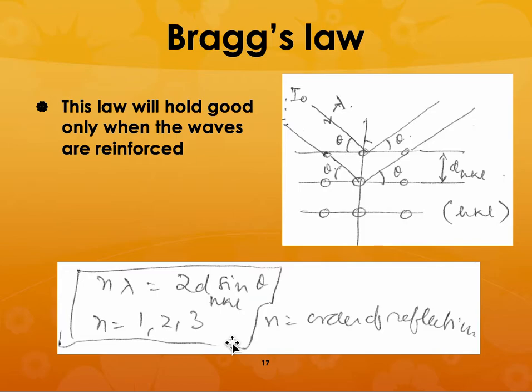So that's the order of reflection. You will definitely find the first order of reflection, you will find the second order of reflection, and so on. But for the higher orders, the intensity might not be as strong as the first and second order of reflection.